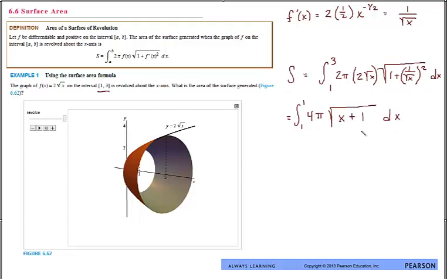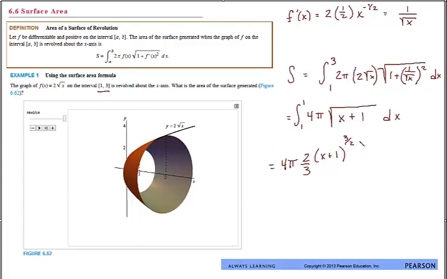Then I'll just do a straightforward integration on this, and that's going to be x plus 1 to the 3/2. I've got to remember to multiply by 2/3 because of that power rule, and I've got my 4 pi still sitting out here.